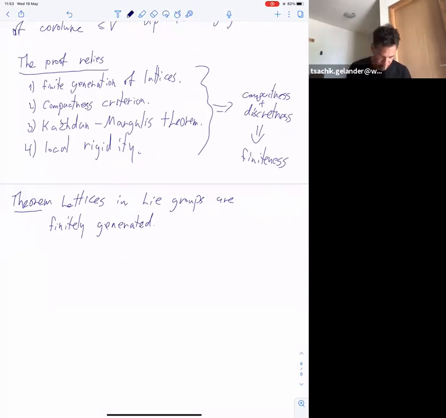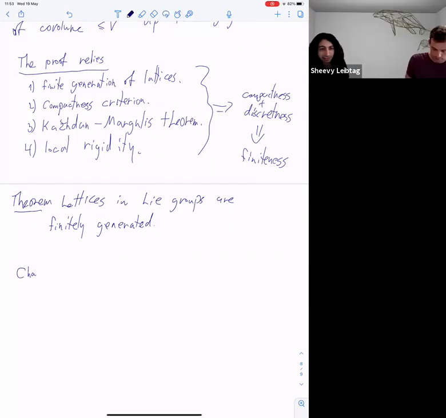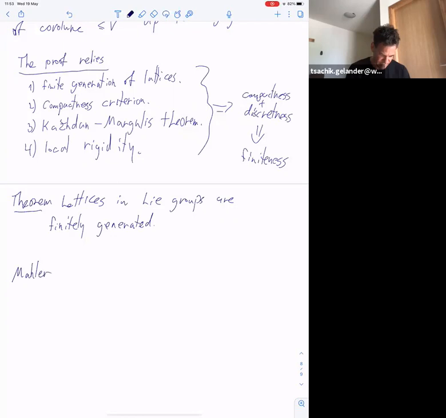The other theorem is the compactness criterion. Chabauty-Mahler, maybe I should, how do you spell Chabauty? I would never know how to spell it, so let me just call it the Mahler compactness criterion.